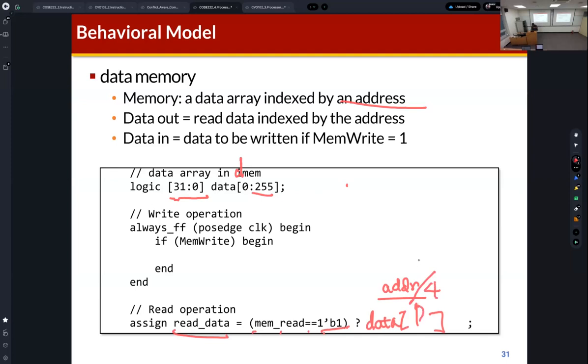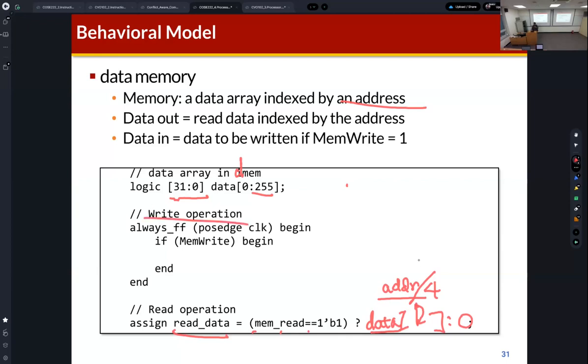So it's indexed by data. Otherwise, if mem read is 0, then 0 is read from the memory. Okay? Because the data memory has the mem read control signal, if mem read is 0, then the data output becomes 0.